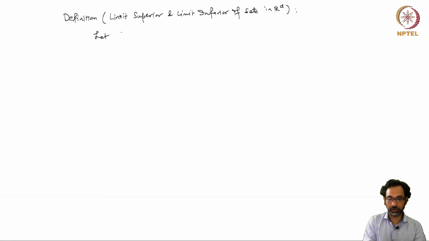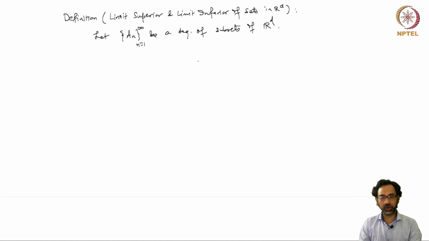So let A_n, n equal to 1 to infinity, be a sequence of subsets of R^d. They may not be subsets of R^d. This is a very general notion, but since we are only dealing with subsets of R^d for the moment, I have taken them to be subsets of R^d.